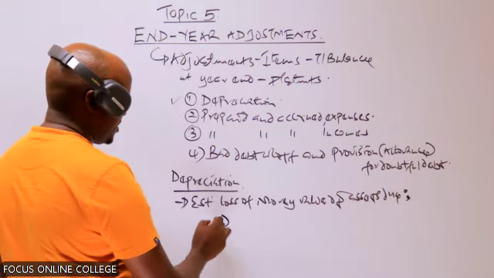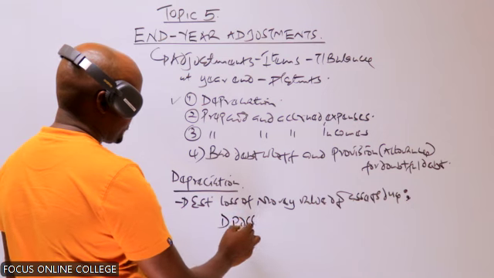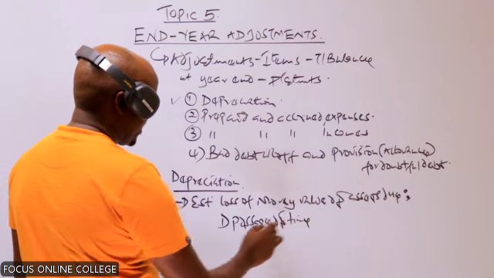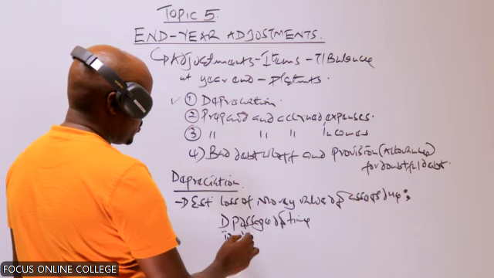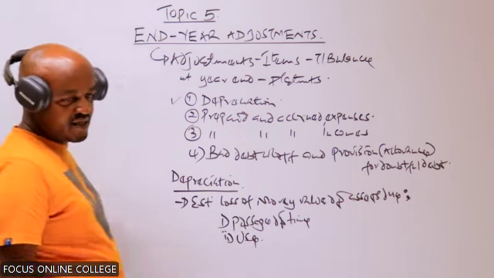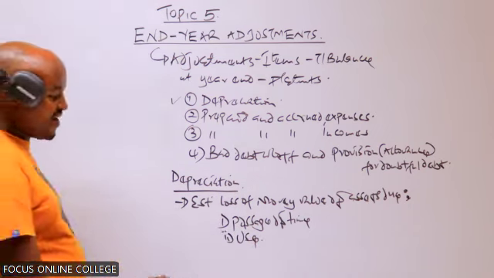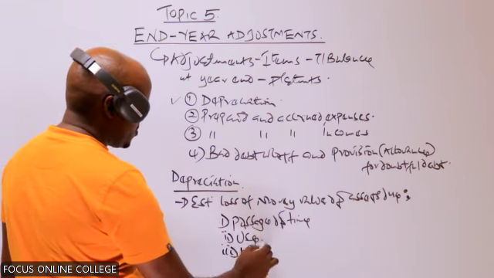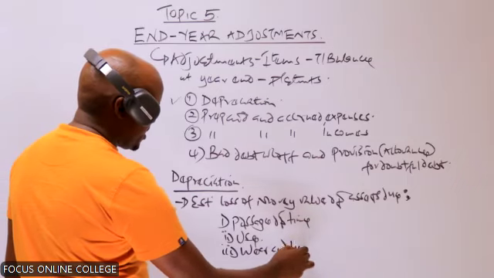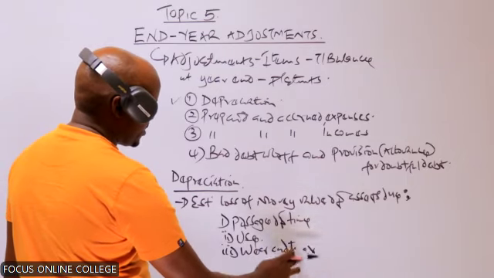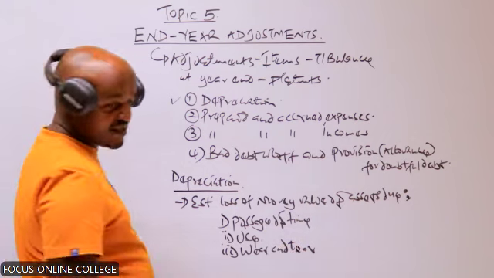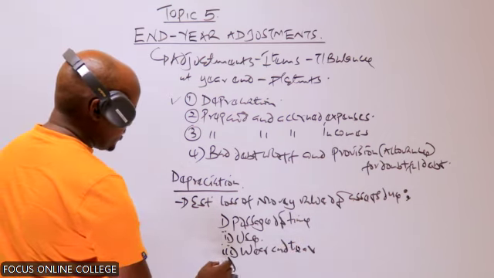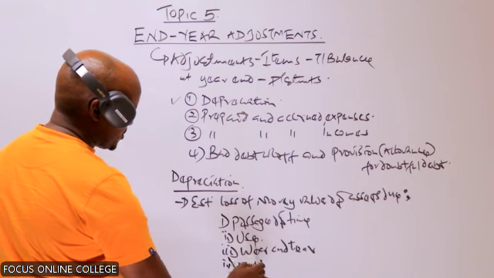Number 1 is due to passage of time. Number 2 is due to use. Whenever you're using an asset, automatically it will lose some value. Number 3 is due to wear and tear. So assets wear out and also tear. As a result of this, the asset will lose some value. So an asset can also lose value due to obsolescence.